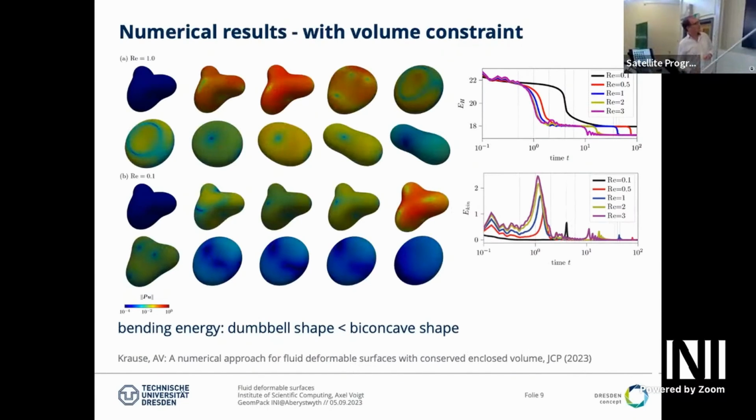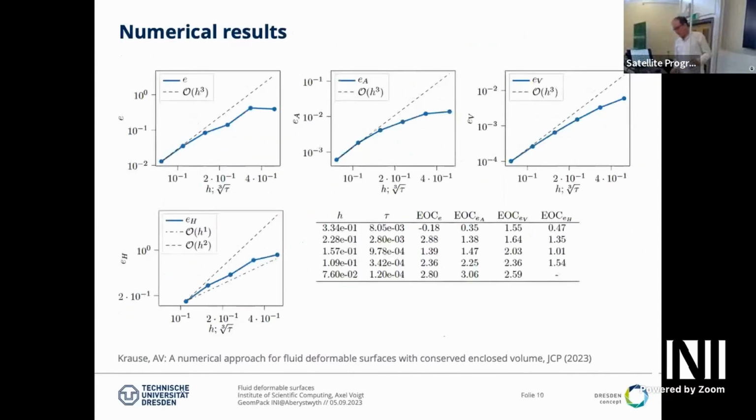Right? Okay. And we can also do some convergence studies here for the full problem, for the energy, the Helfrich energy, the area conservation and volume conservation. And here we also get essentially the optimal order of convergence.